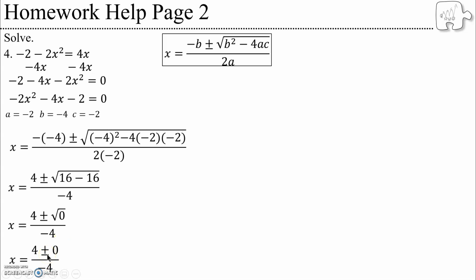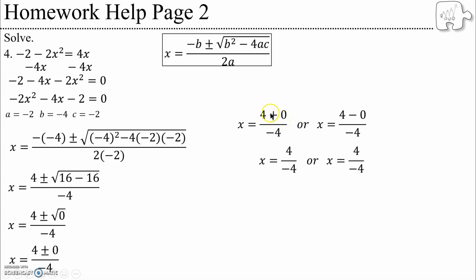Breaking it up, we get x equals 4 plus 0 over -4, or x equals 4 minus 0 over -4. But 4 plus 0 is 4, and 4 minus 0 is 4, so we have the same thing here, 4 over -4 or 4 over -4.